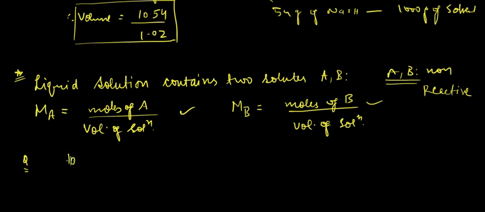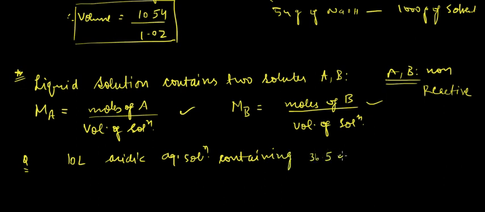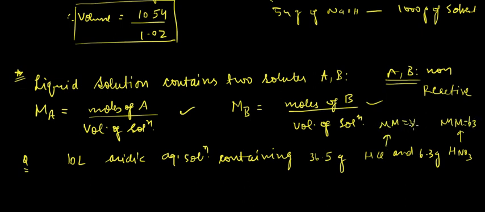Let's do a question. Suppose we have 10 liter acidic aqueous solution containing 36.5 grams HCl and 6.3 grams HNO3. We know the molar mass of HNO3 is 63 and of HCl is 36.5.